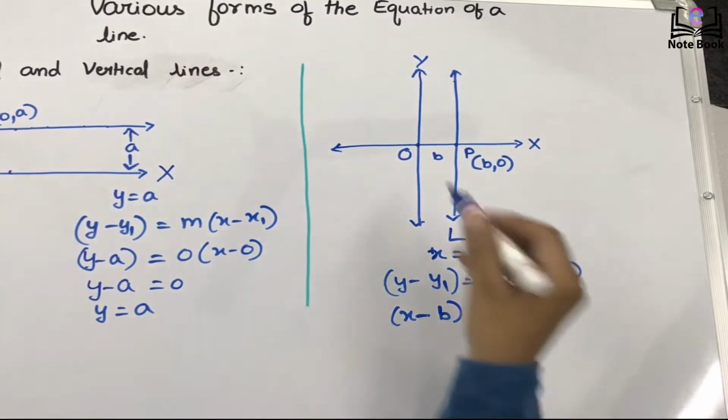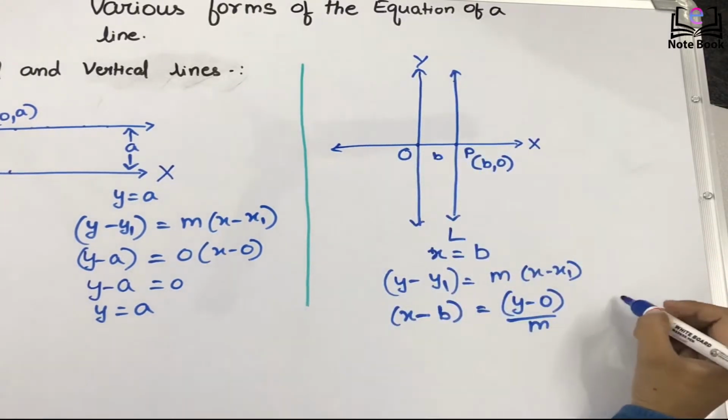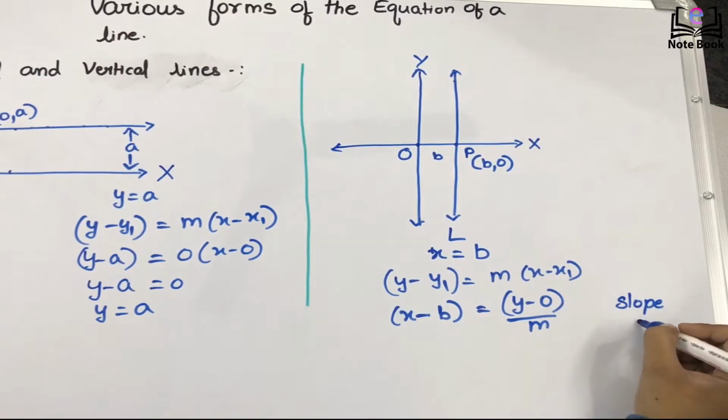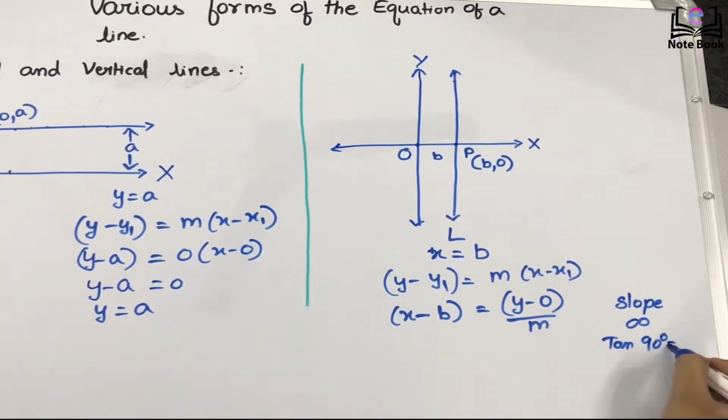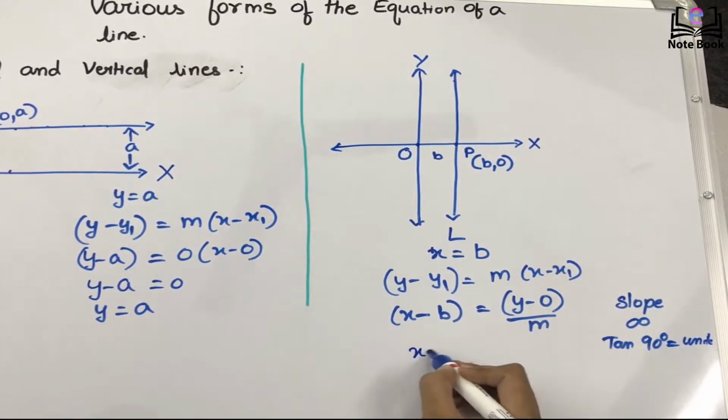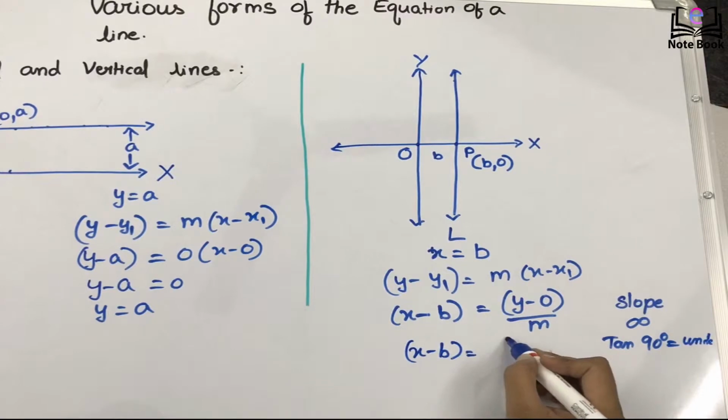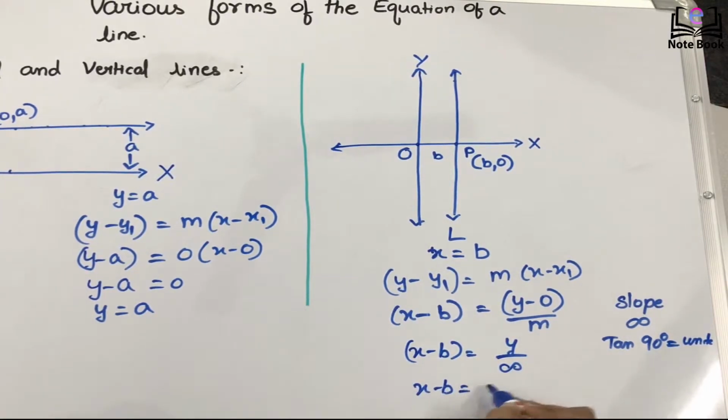Any line parallel to y-axis, the slope will be undefined or infinity. Tan 90 degrees is undefined. Now x minus b is equal to y by infinity, so x minus b is equal to 0. Any value by infinity is 0, so x equal to b.